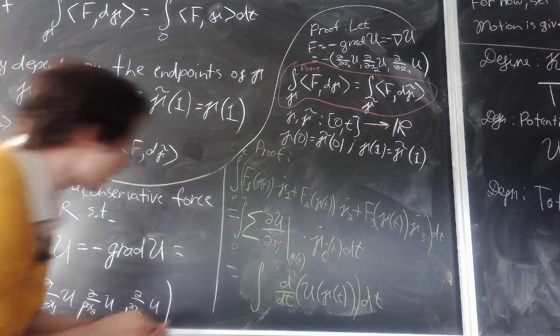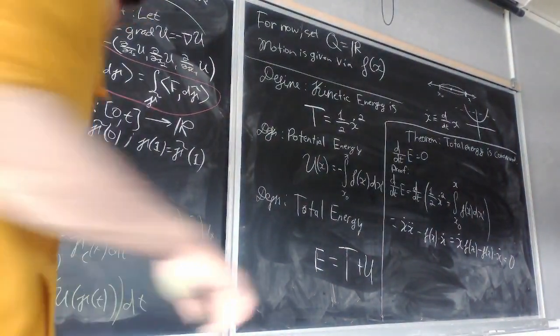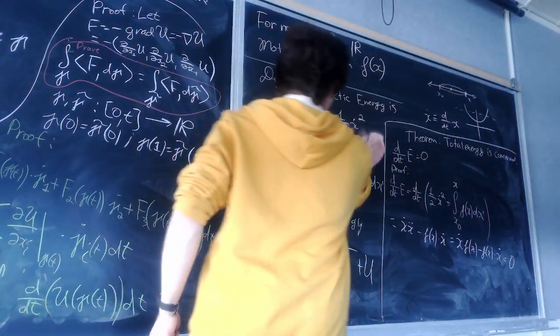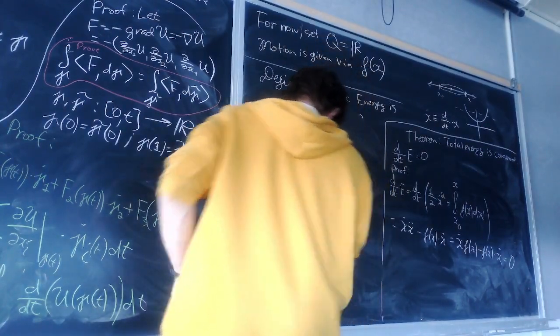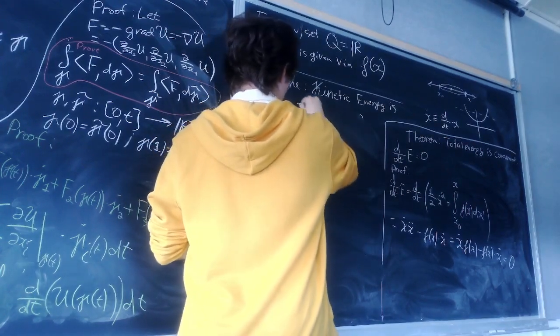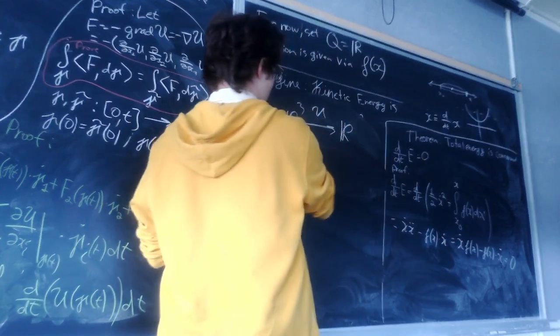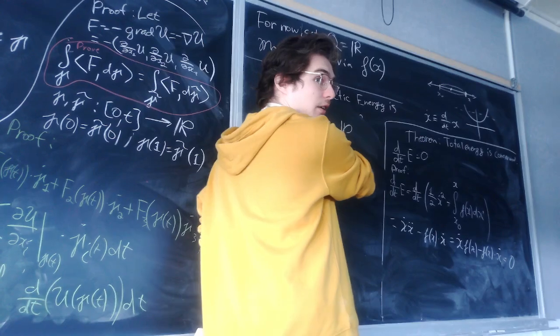So what's happening is I have a function u that takes in a point in R3 and sends it to R, right?